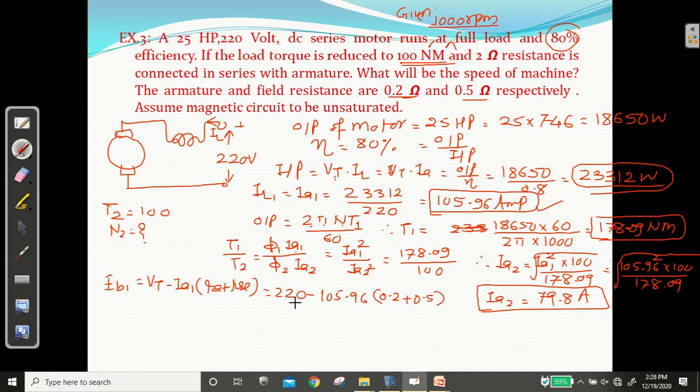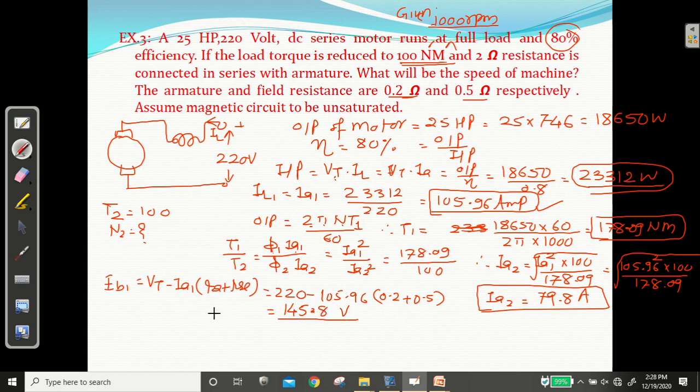So by using this formula, we will get EB1. If you use the calculator, 220 minus 105.96 into 0.7, I am getting 145.8 volt.